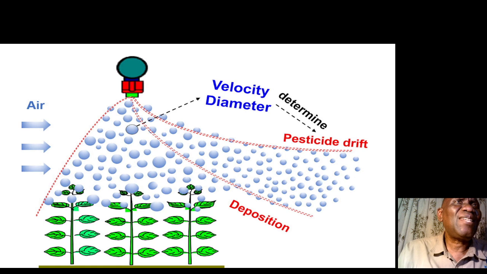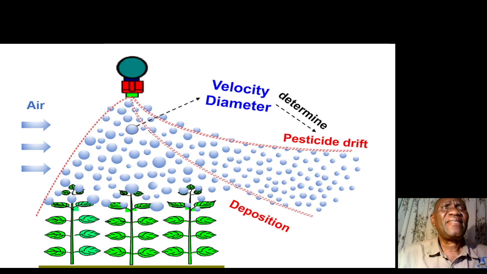Here we've got droplets from a nozzle, but some of these droplets may be carried by the wind or air. The reason why they may be carried by the air depends on what they call velocity and also diameter.